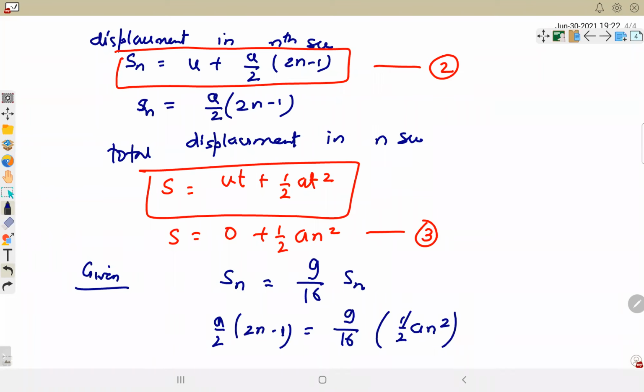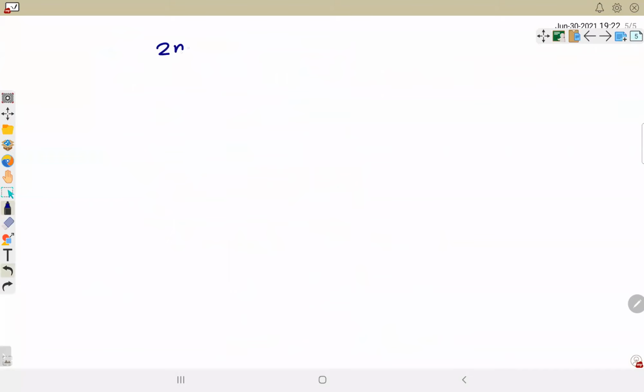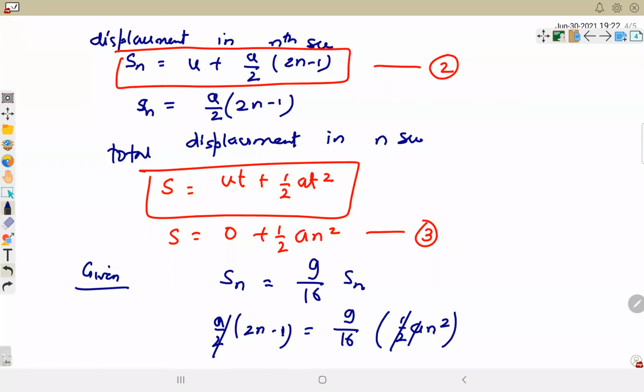A by 2 gets cancelled on both sides. We get a quadratic equation in n: 2n minus 1 is 9 by 16 times n square. Solve this quadratic equation, find the value of n, and then accordingly we will substitute back in this equation.